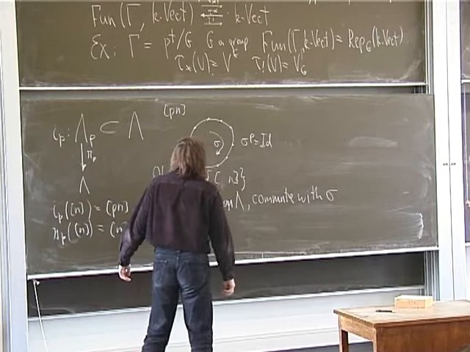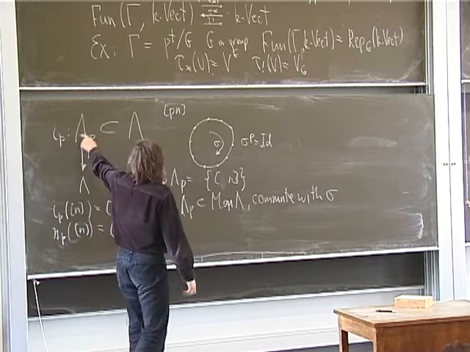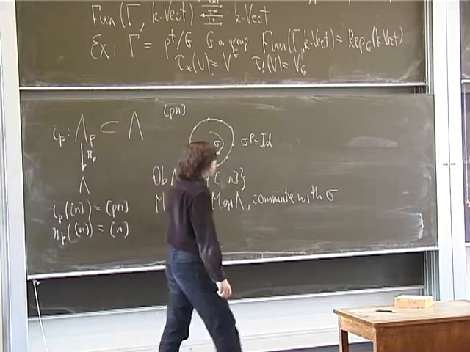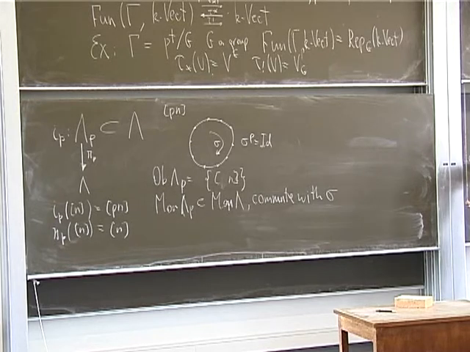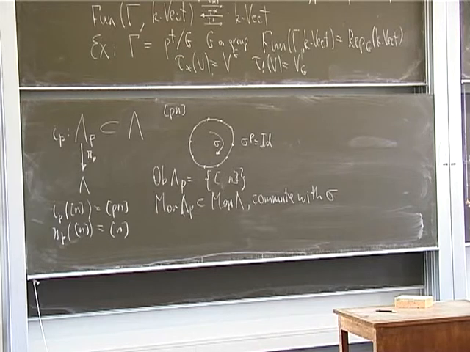All right, now one checks, and this is kind of surprising, but still true, that this lemma also holds with lambda replaced by lambda p, and this statement is also true for lambda p.